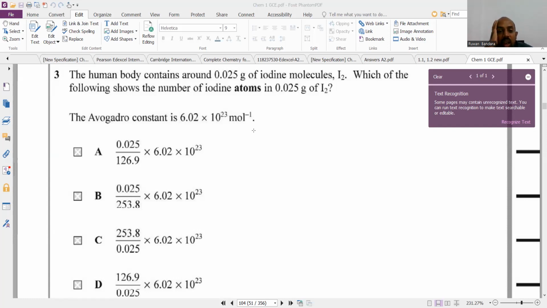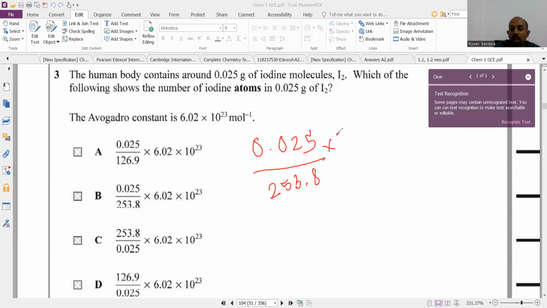The human body contains this. 0.025 iodine molecules, iodine atoms. 253.8 will be the number of moles.